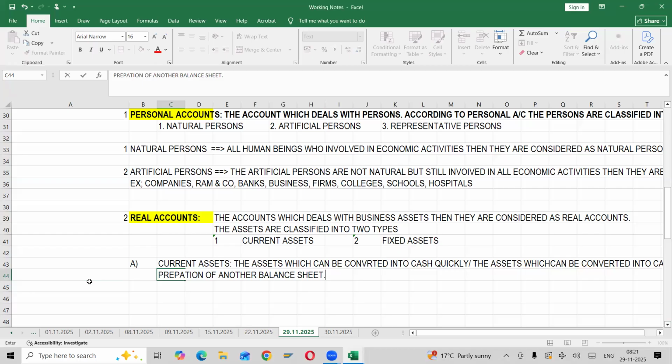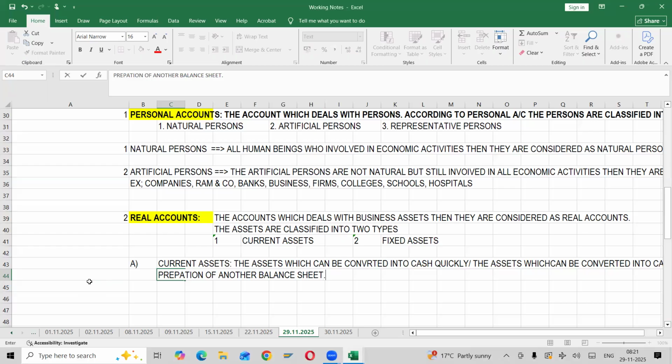In between this balance sheet and the next, whatever assets we can convert into cash quickly are nothing but current assets. Understood? Quickly in the sense when: 1 year. One year in the sense from preparation of one balance sheet to another.